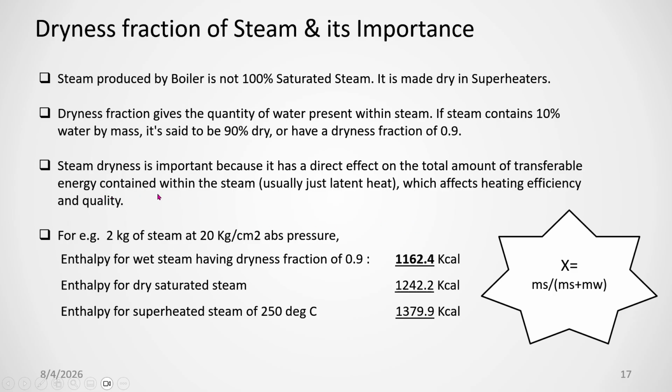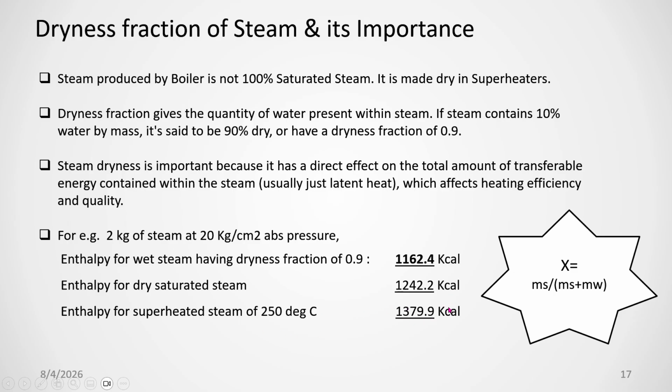Steam dryness fraction is important, because the total amount of transferable energy content within the steam affects the heating efficiency and quality. For 2 kg of steam, same example, at 20 kg per square centimeter pressure, with dryness fraction 0.9, your enthalpy will be 1162.